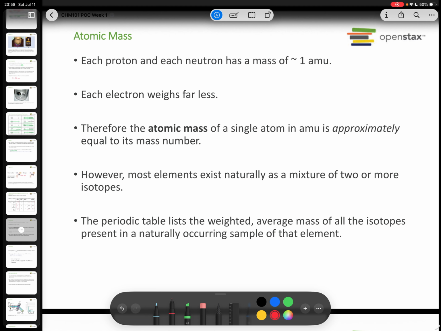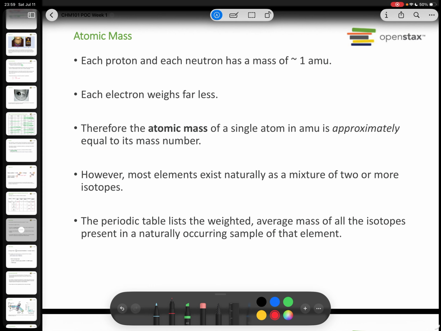However, most elements occur naturally as mixture of isotopes. So the atomic mass listed on the periodic table is not usually the mass number of one isotope, no? It is a weighted average of all naturally occurring isotopes of that element, no?